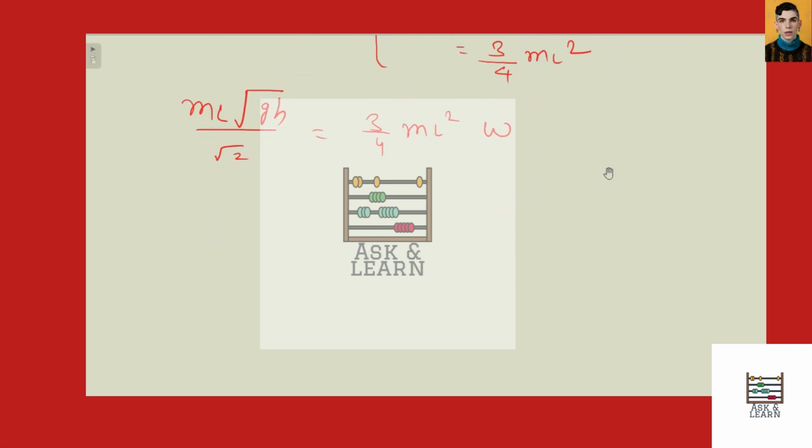From here we get the value of omega, that is root over 8gh upon 3 times L. This is the angular velocity we have to find.